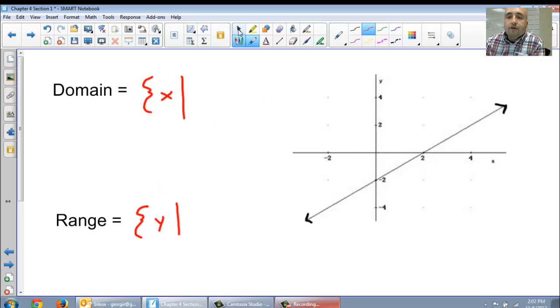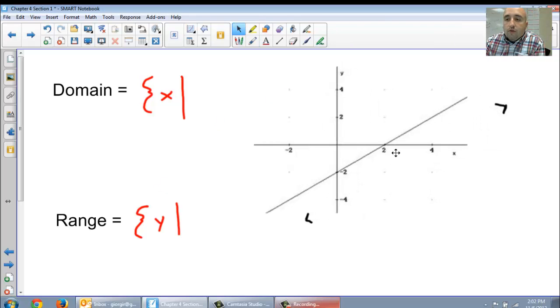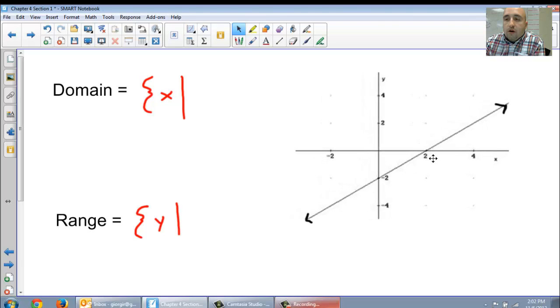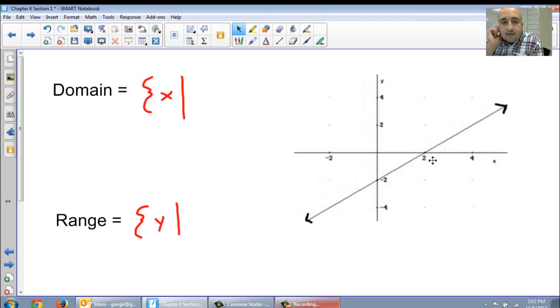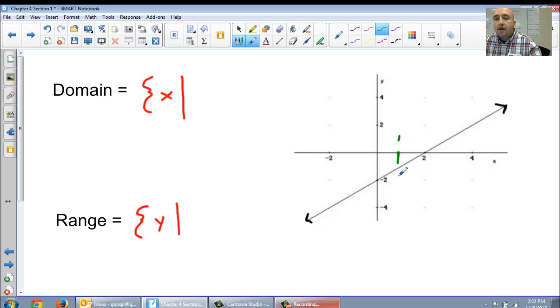Now, we're going to look at this graph here. All right, so what X values does this graph have? So I'm just going to go onto my graph here, and we're going to try some. Wouldn't you agree that this would be about X equals 1? If I go down to my graph, it has an answer.